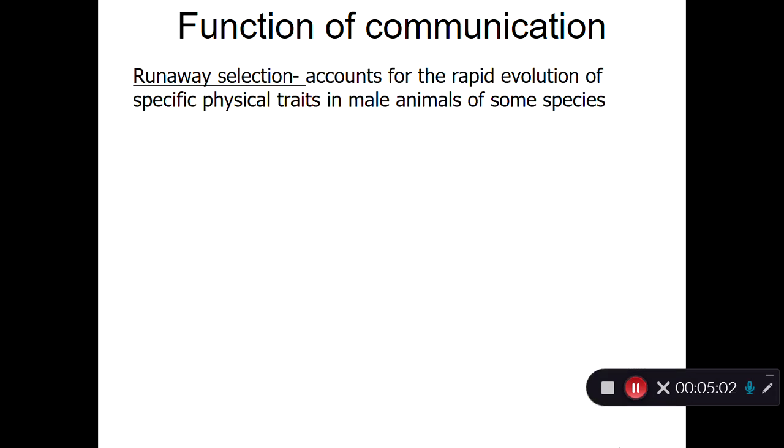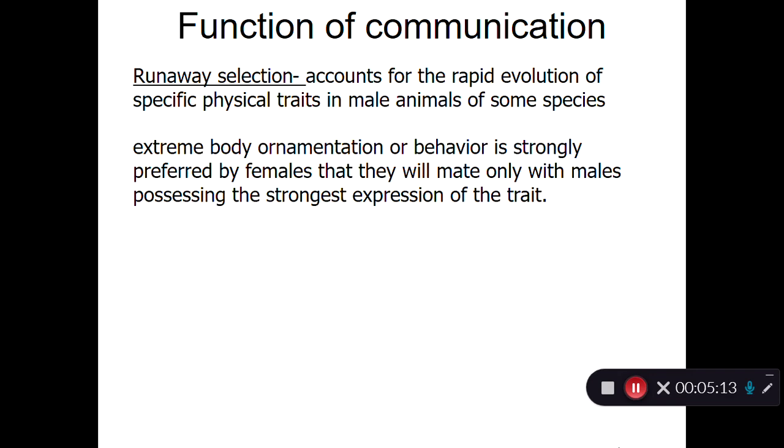Now, what we can also see is when typically males of a species evolve a specific communication trait that gets sort of extreme, like an extreme body ornamentation or behavior that the females really are into. They really like this signaling. And they tend to only mate with the top males who display this signal the best.